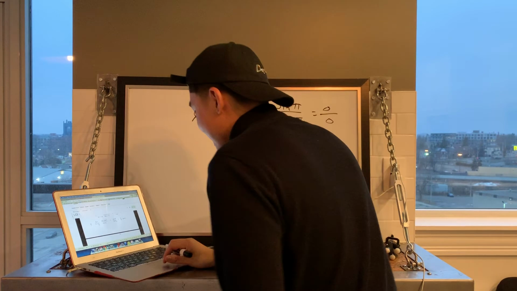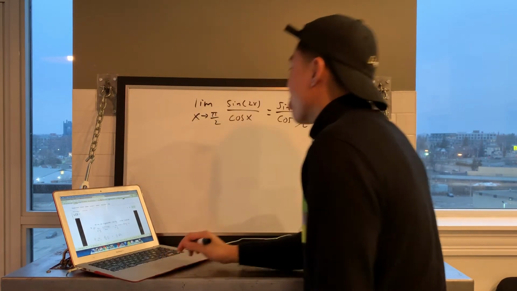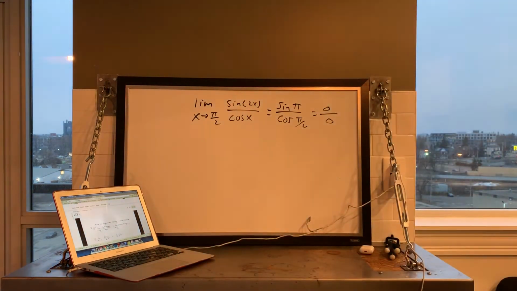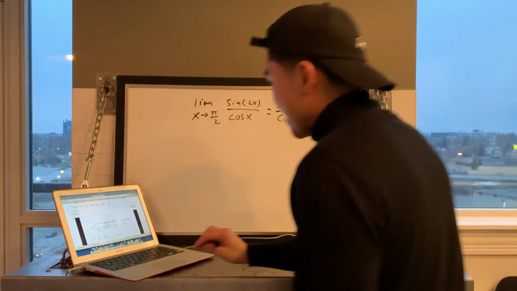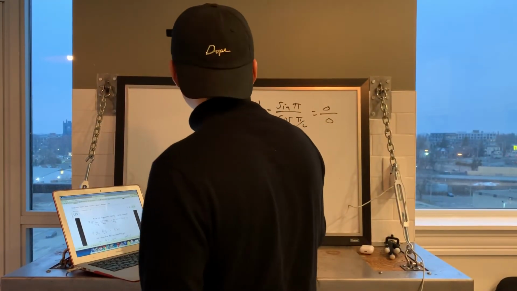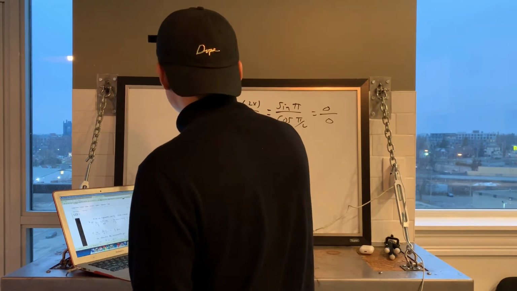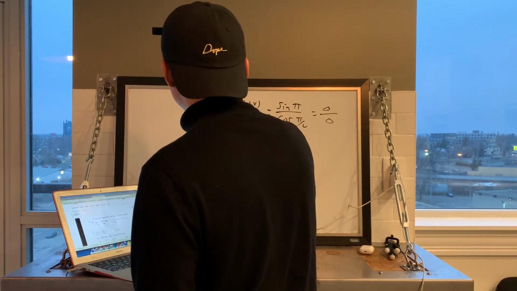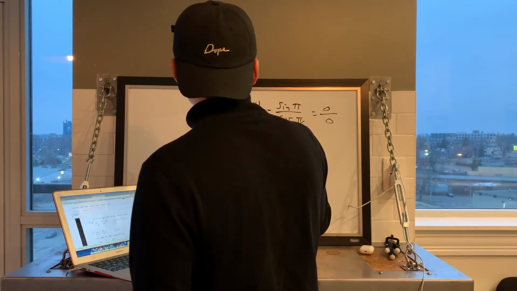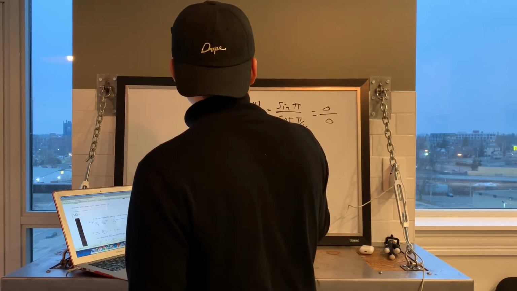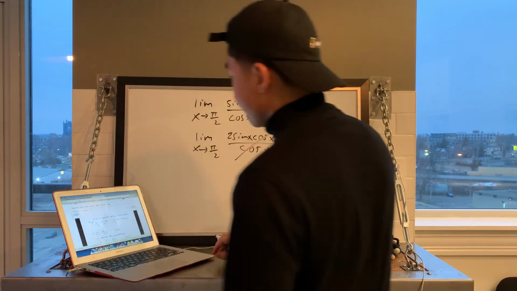That's not good. So we're going to use a trig identity up our sleeve to solve this problem instead. So what we can do is know that sine 2x, so we still have the limit as x approaches pi over 2, sine 2x is 2 sine x cos x all over cos x. So these cancel.